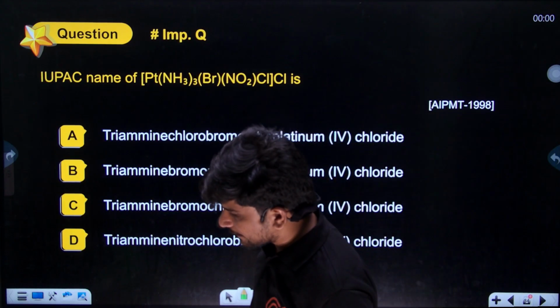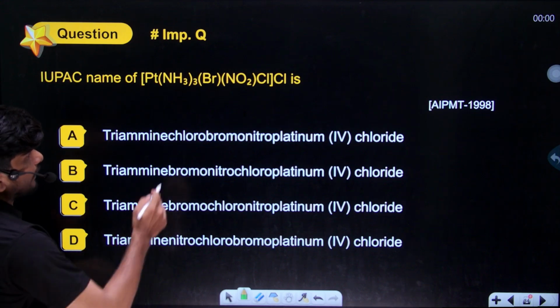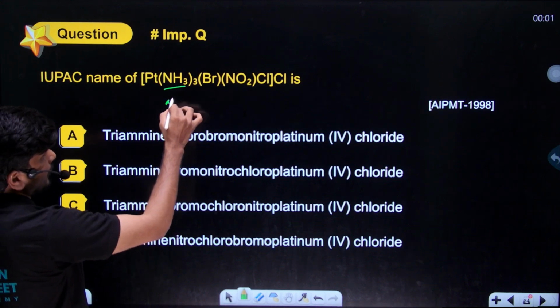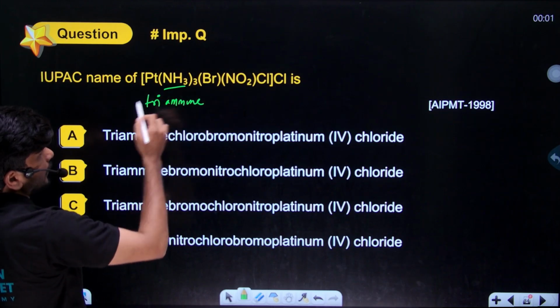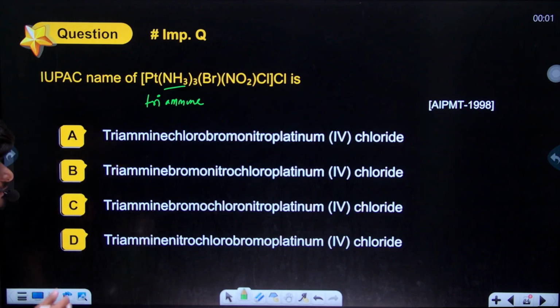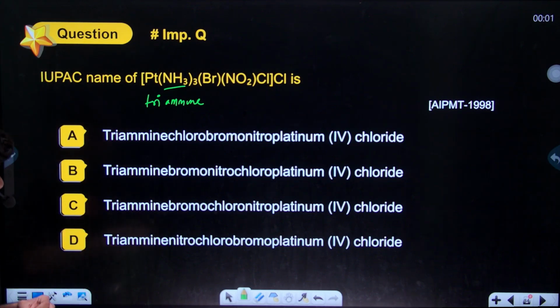So the IUPAC name of platinum NH3. So you have amine here, you need to name it, amine is there. So you have triamine. Next you have bromide, so you will write it as bromo. Next you will be writing nitro. So this is nothing but the nitro group. How many nitros are there? There is one. And you have chlorido.